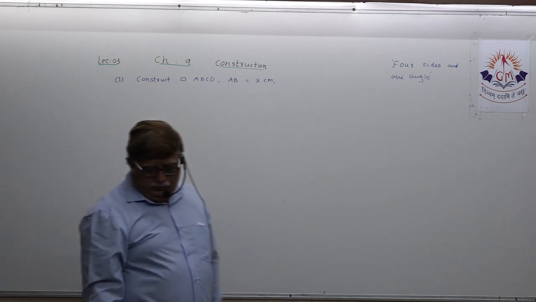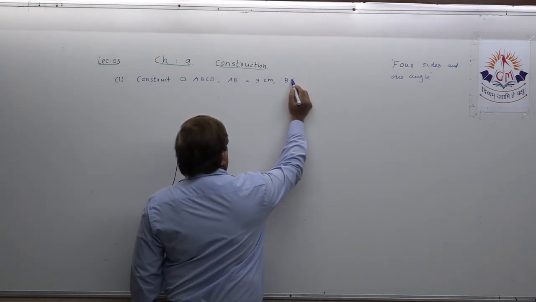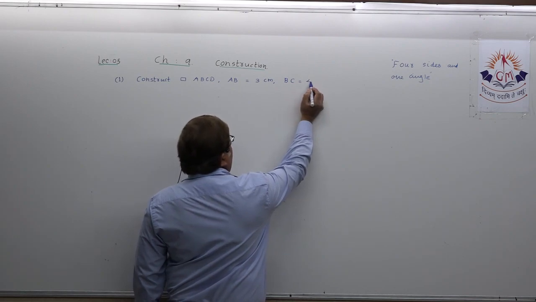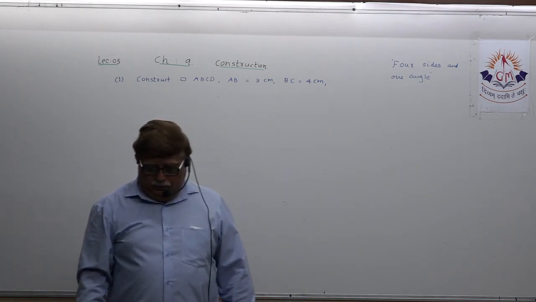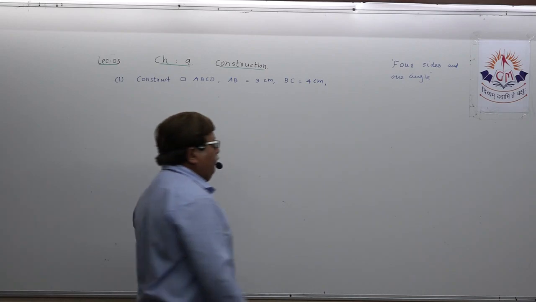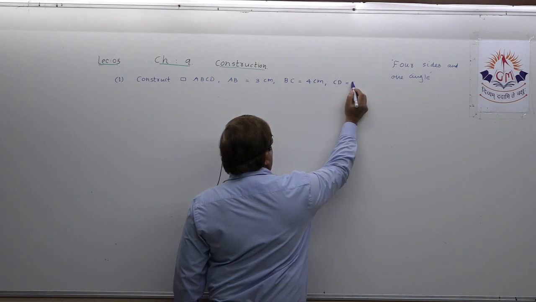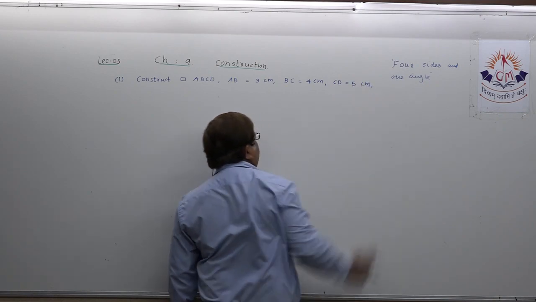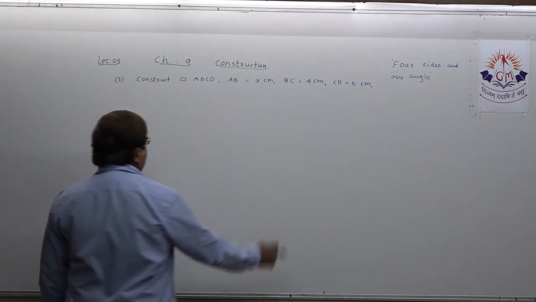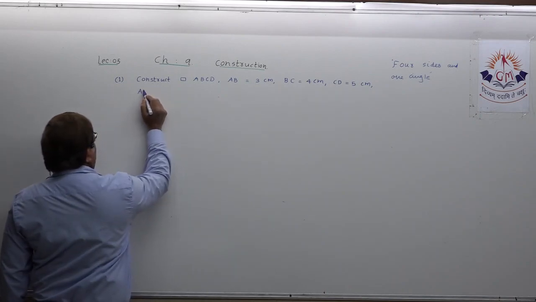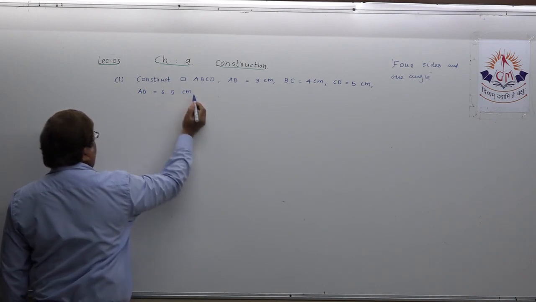AB is given 3 centimeter, BC is given 4 centimeter, CD is 5 centimeter, AD equal to 6.5 centimeter.